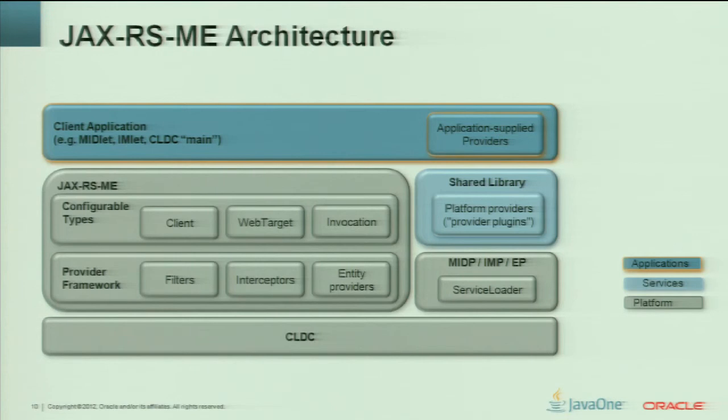We can have a midlet, we can have an EMlet, which is the embedded application equivalent to a midlet. We can also have a simple plain CLDC main, so we don't need anything from a higher profile. If we have a higher profile like MIDP or IMP, or what is now called the embedded profile, the API gets extended, and that's a bit hard to draw in an architecture diagram.